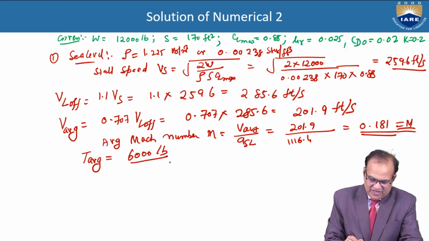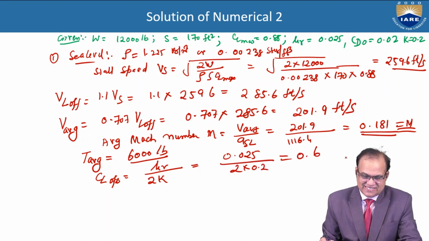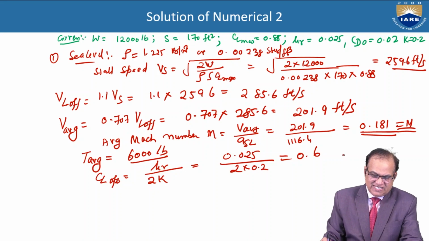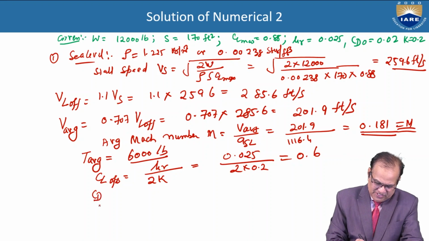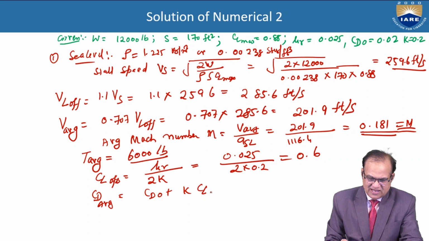So we can find out the CL of liftoff, which is equal to mu r divided by 2k. Mu r is 0.025, 2 into k is 0.2. We will get 0.6. And CD average is equal to CD naught plus K CL liftoff square.